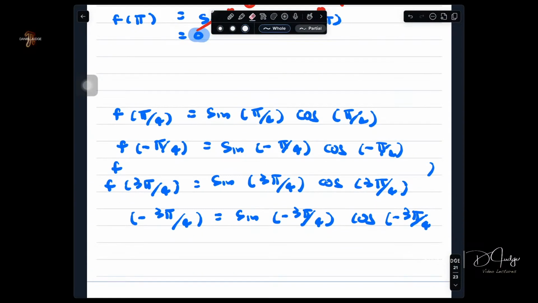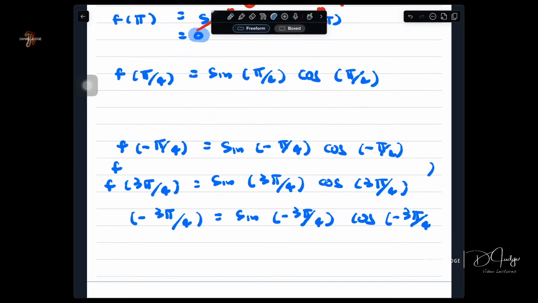Let's do the rest. Sine of pi over 4 now is the square root of 2 over 2. That's the same for cosine. So you get the square root of 2 over 2 times the square root of 2 over 2, which will be 2 over 4, which equals 1/2. So f of pi over 4 is 1/2.